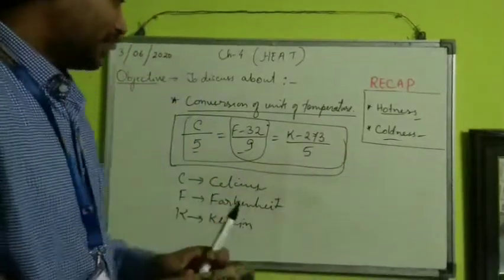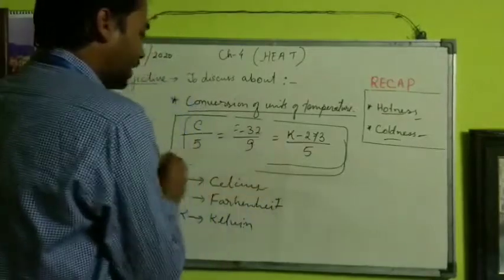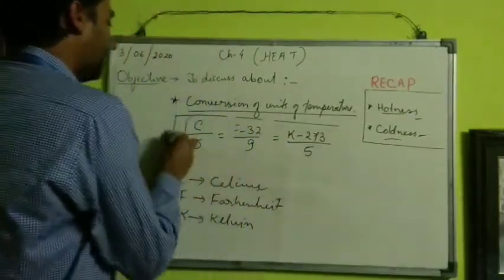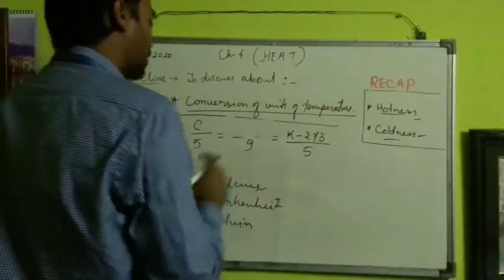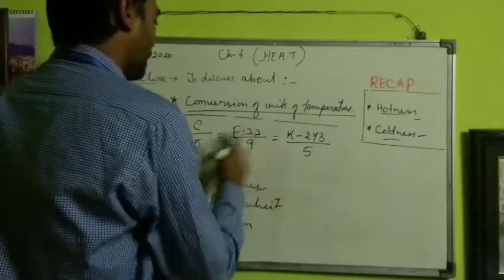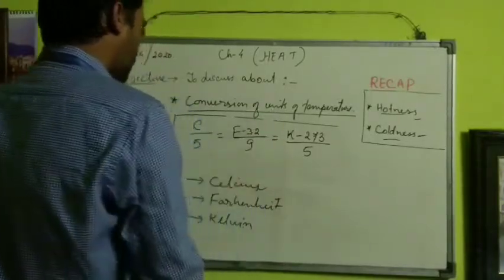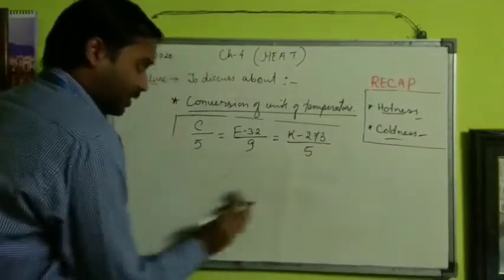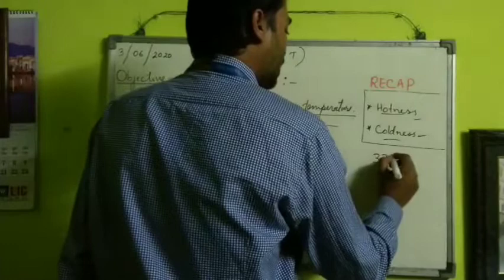So now let us take an example to understand how we can convert the units from one scale to another. So let's try to convert the normal human body temperature, that is 37 degrees Celsius.